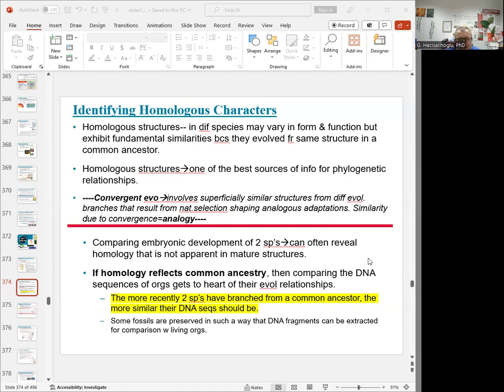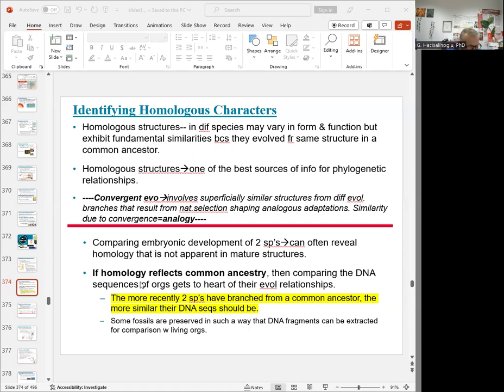They are distinct species now, but they have homologous structures. This is very important in building phylogenetic trees. If homology reflects common ancestry, we can also use DNA sequences to help, because every species has a distinct DNA sequence, so DNA sequences can be used in these trees.